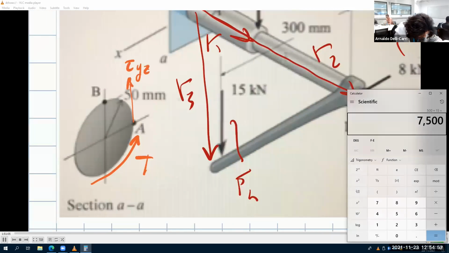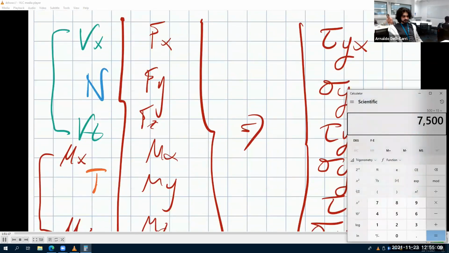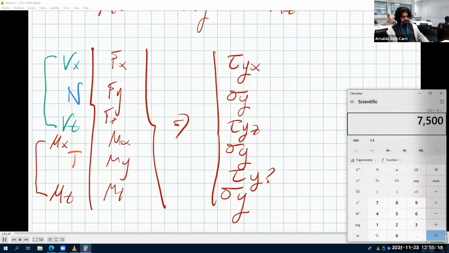And at B, you have this one, which is tau yx, also positive. So depending on which point you're looking at, you have a different tau. Since you have to find it for both points, you have to do this twice, one for point A and one for point B.